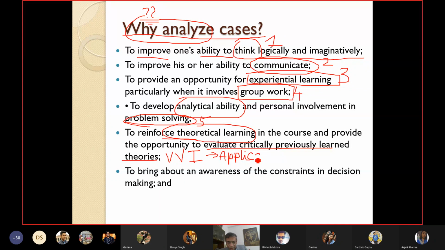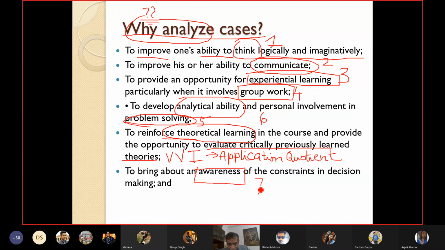So we call this the application quotient. It's an application quotient. And lastly, it brings about an awareness of the constraints in decision making.